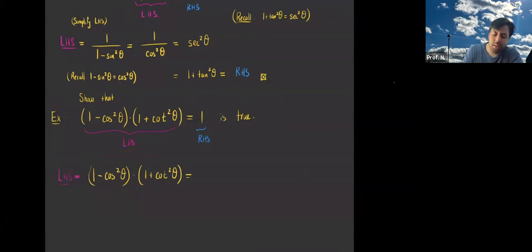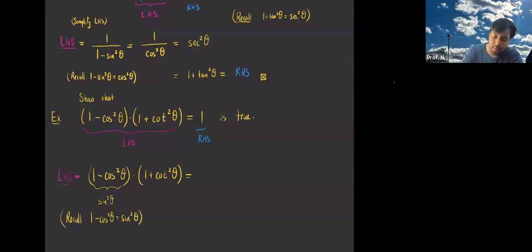But what is 1 minus cosine squared? What is this equal to? It's equal to what? Sine squared theta. Thank you, Tiffany. Yes. This is sine squared theta. So recall again, this is all recall. 1 minus cosine squared theta equals sine squared theta.